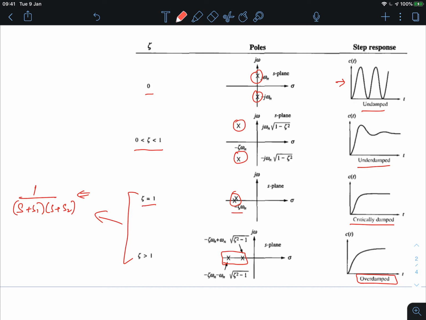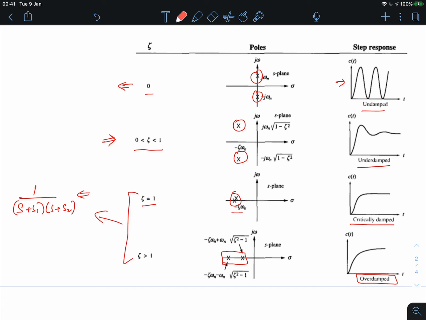For xi equal to 0, we know there won't be any damping. The most generic behavior is for xi lying between 0 and 1, which we call the underdamped response.